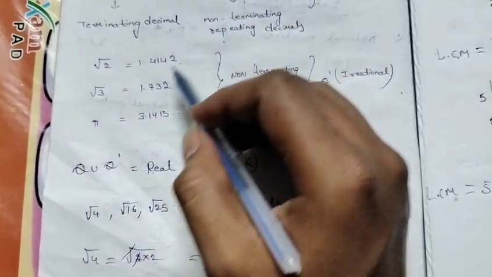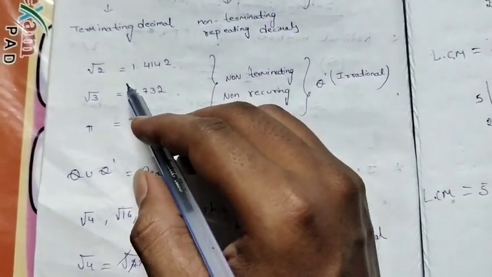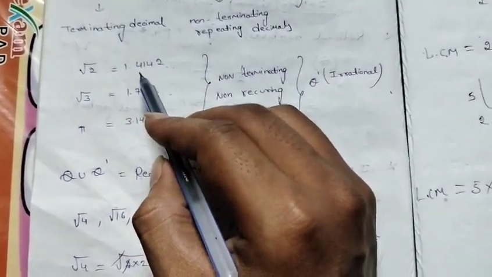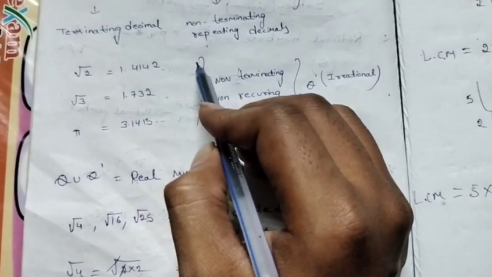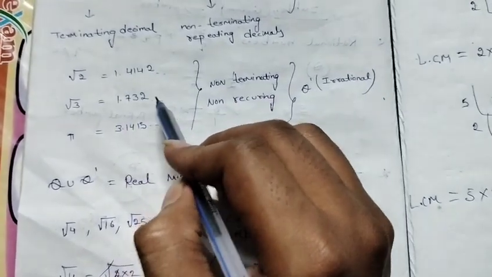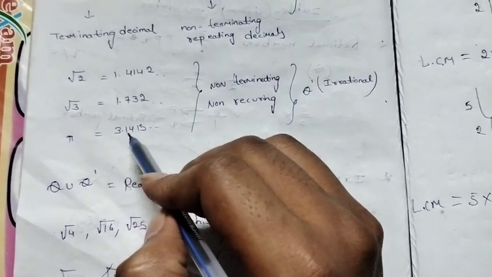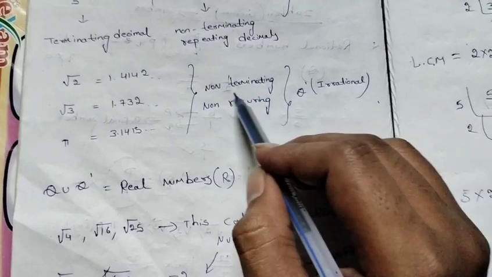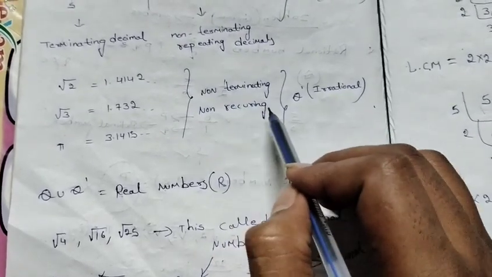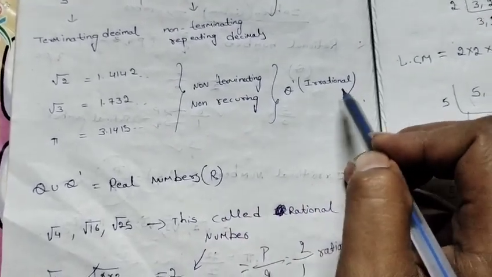And we can take some irrational number examples, like root 2, whose value is 1.4142 and so on, root 3 is 1.732, and pi is equal to 3.1415. These are non-terminating, non-recurring numbers, so they are called irrational numbers.